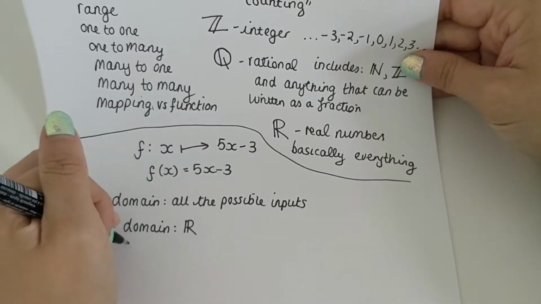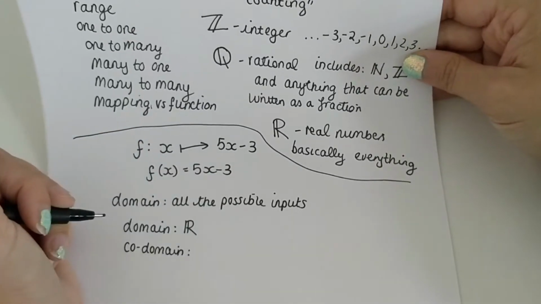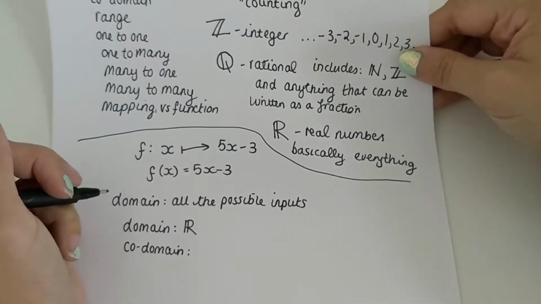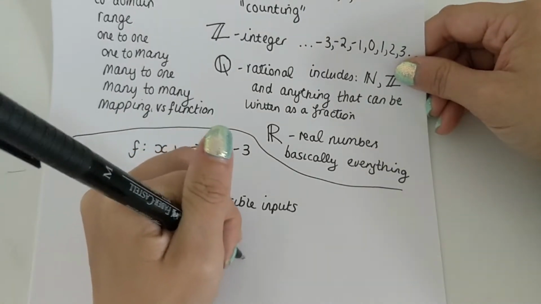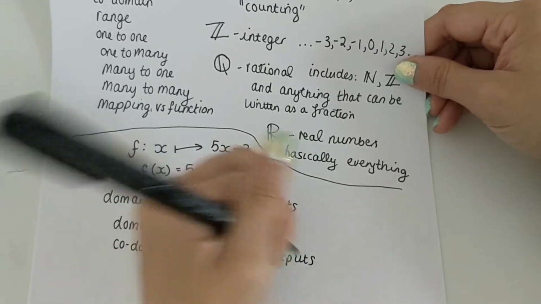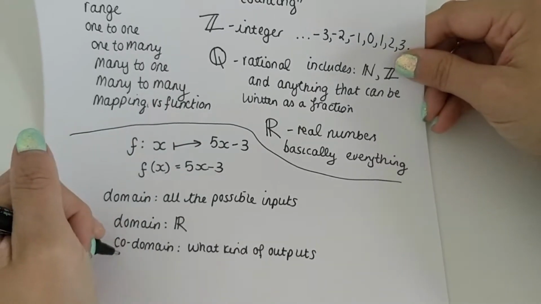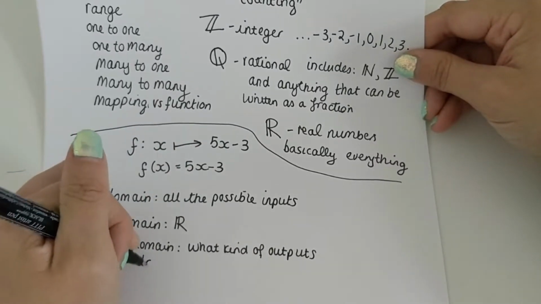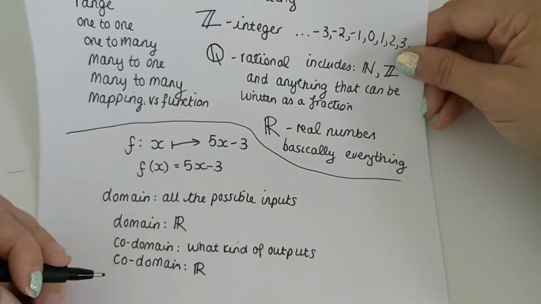Now the codomain, well, what kind of outputs are we going to get? So codomain is what kind of outputs? Well, I would expect if we put a real number into that, we're probably going to get a real number out of it. So the codomain would be R.